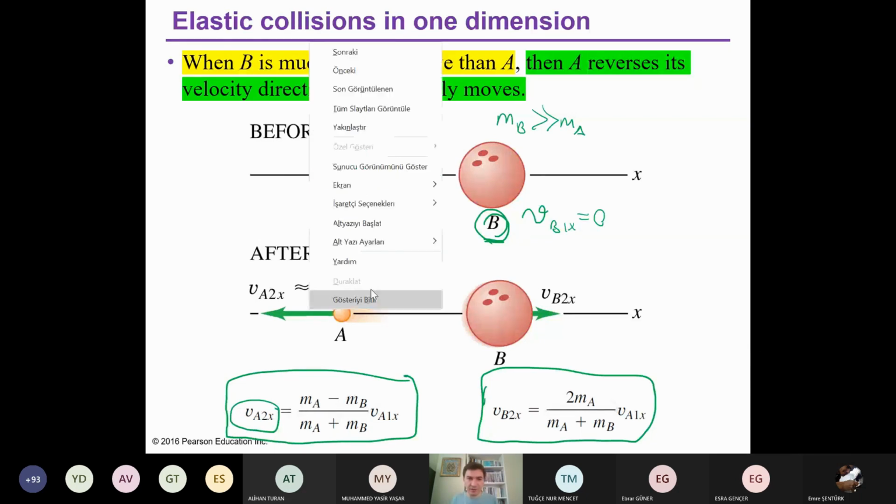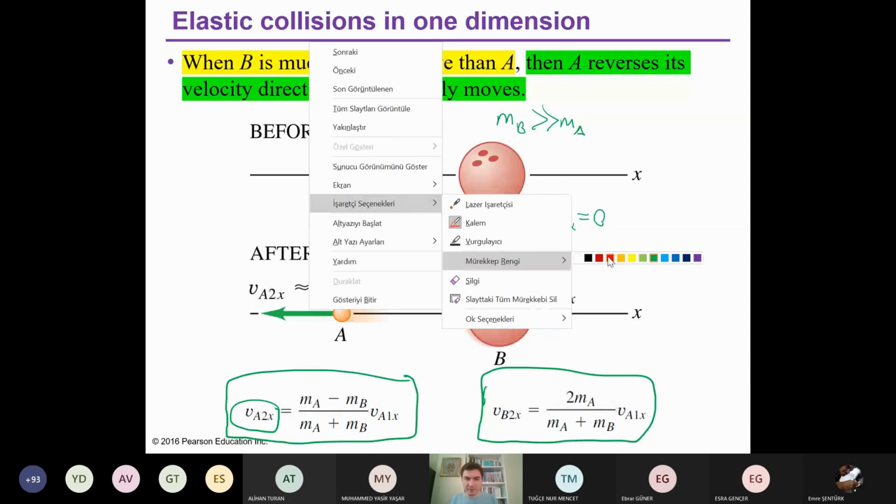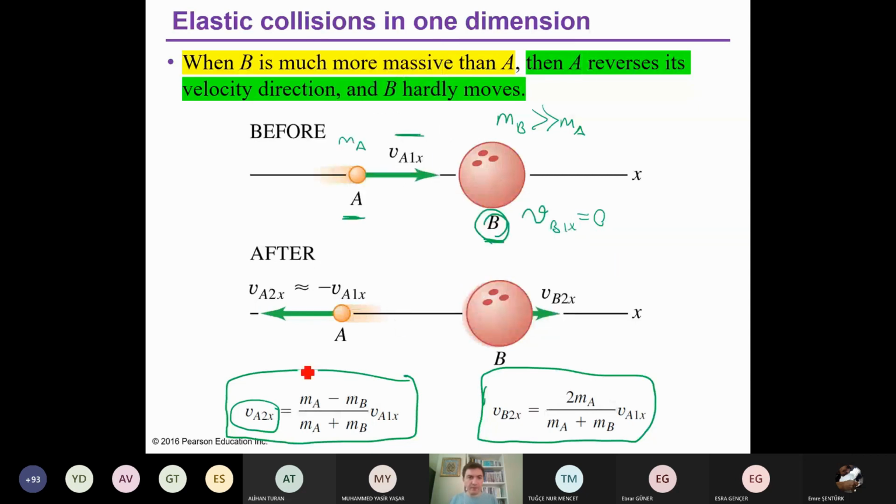Let me change the color of the pen, and then I will continue. So, what do you see here? Here we have MA, here we have MB, and I gave this information at the beginning: this MB is much bigger than MA. Then this term here will be minus MB, and here we have MA plus MB.